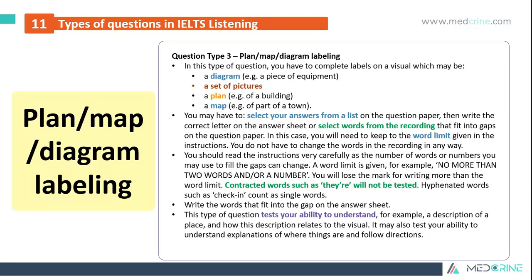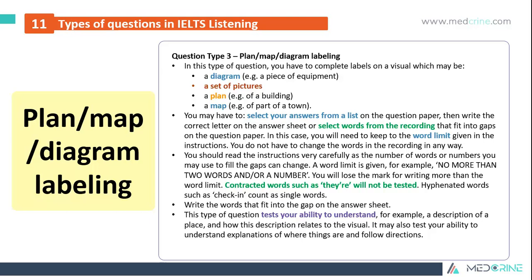The third type of question is the plan, map or diagram labeling. In this type, you have to complete the labels on a visual image, which may be either a diagram, a set of pictures, a plan, or a map.